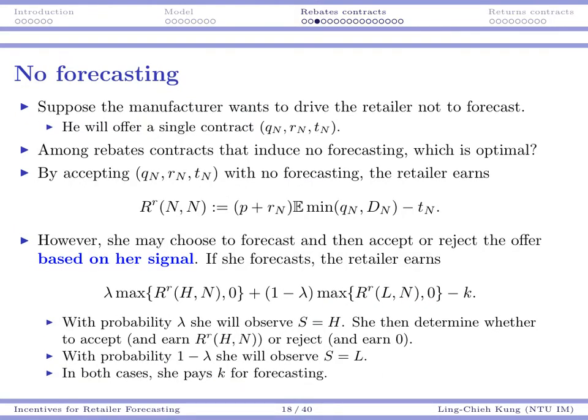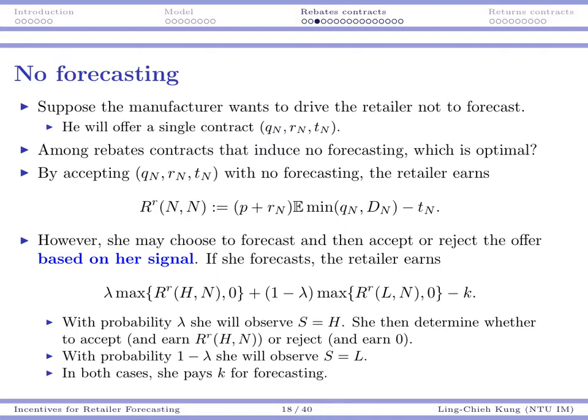Suppose the manufacturer wants to drive the retailer not to do forecasting. In this case, as we mentioned, the manufacturer will only offer a single contract, which is denoted as Q_N, R_N, and T_N. Okay. Now, among all the rebate contracts that induce no forecasting, we want to know which one is optimal.